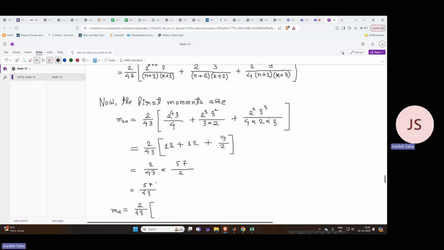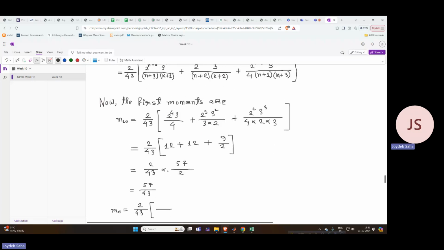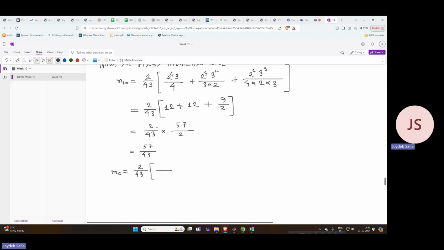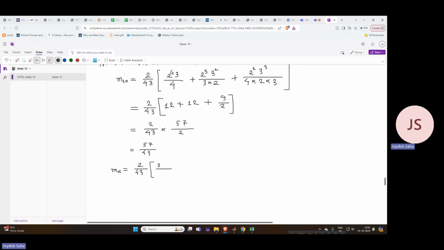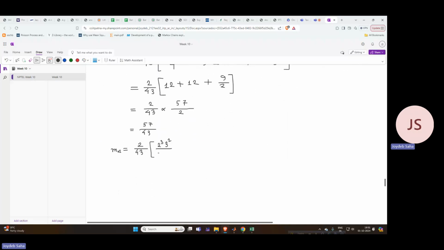01 means n is equal to 0, k is equal to 1. So it is 2 to the power 3, 3 to the power 2 divided by 3 cross 2.